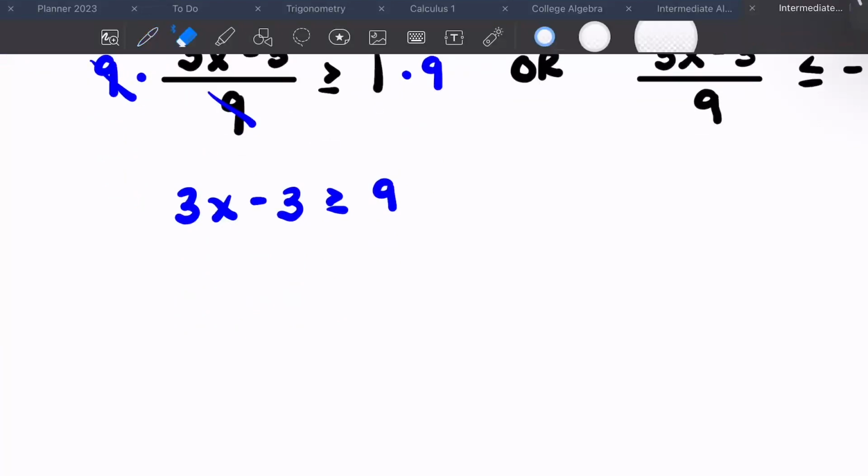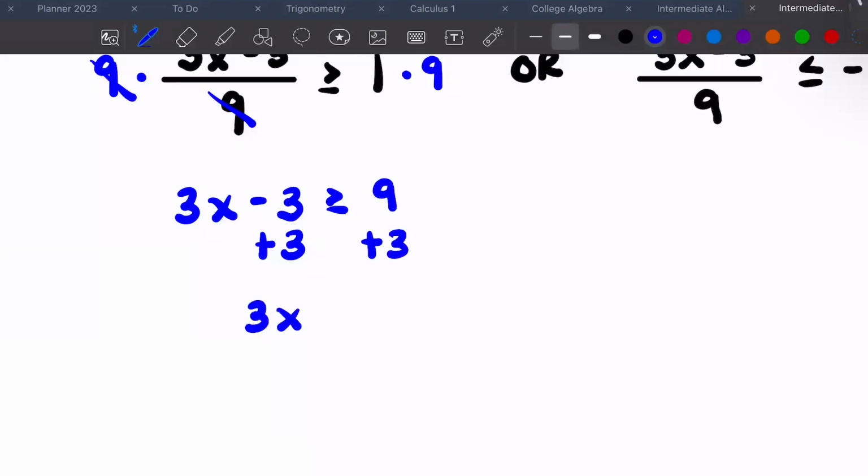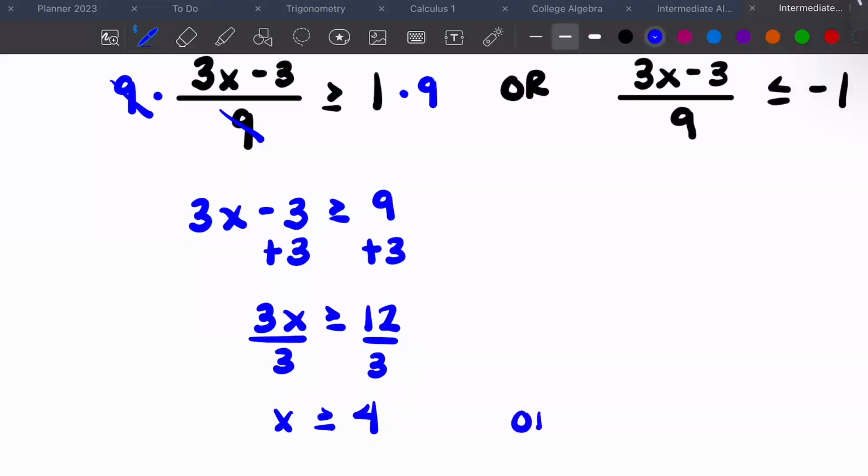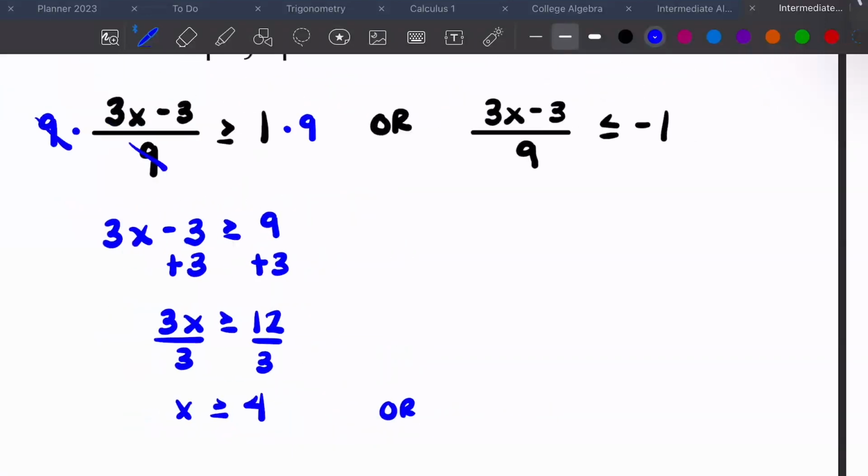Okay, this is just basic solving inequalities. Hopefully by now you're more comfortable with this. That's why I'm going faster. Okay, same thing over here.